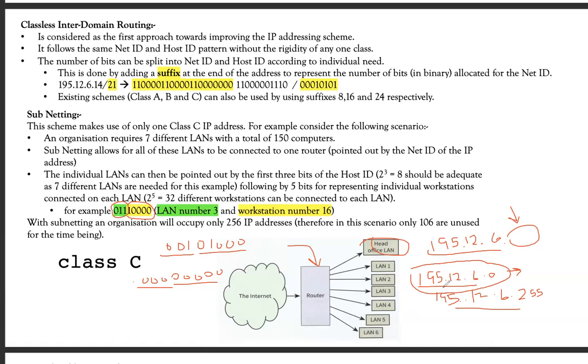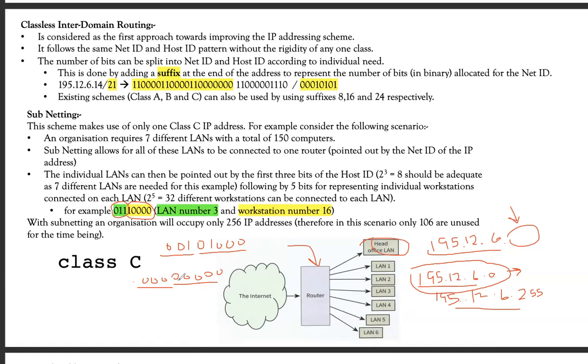So based on the net ID, that transmission from the public network will most definitely reach you because the net ID is yours. Once this packet with this destination IP address reaches you, the router will look at the host ID and see, okay, it's 0. That means the first 3 bits say it's the head office line, and it will forward it here. And let's say there's another device here, possibly another router or switch.